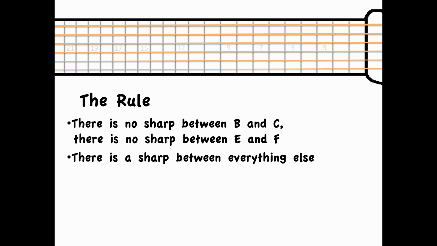I can start with A, so the next note up would be A sharp, then B, and here's my rule, there's no sharp between B and C, so right after B comes C, then C sharp, D, D sharp, then E, and again, here's my rule, E and F, so straight to F, F sharp, G, and G sharp. So again, the rule is everything has a sharp in between it except for B and C and E and F.